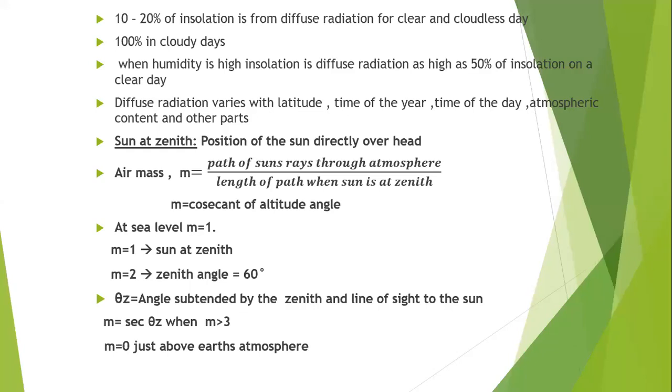Okay, so the intensity of the diffuse radiation on a clear day is not equal, or it is not isotropic. Isotropic means equal. So this intensity of diffuse radiation on a clear day is not the same, but it varies as a function of latitude, time of the year, time of the day, atmospheric contents and other factors also.